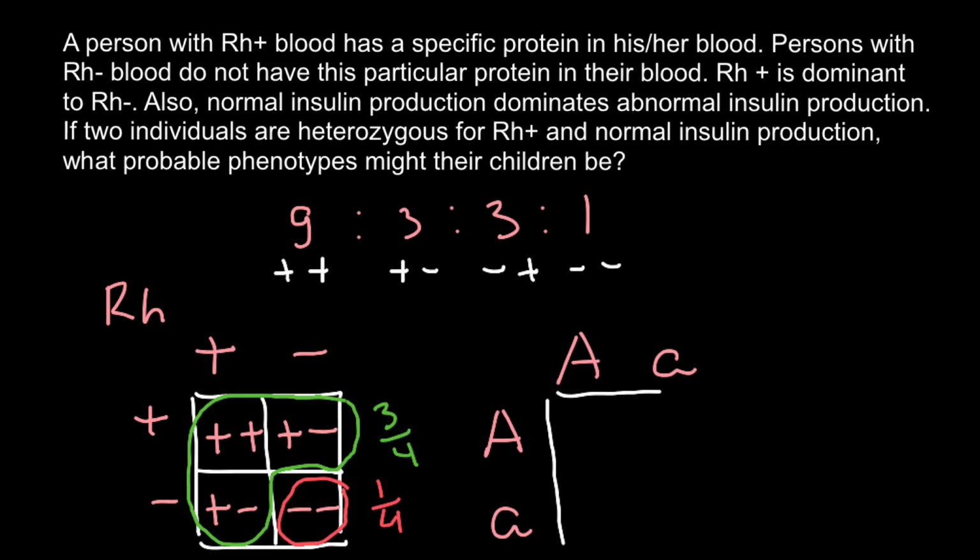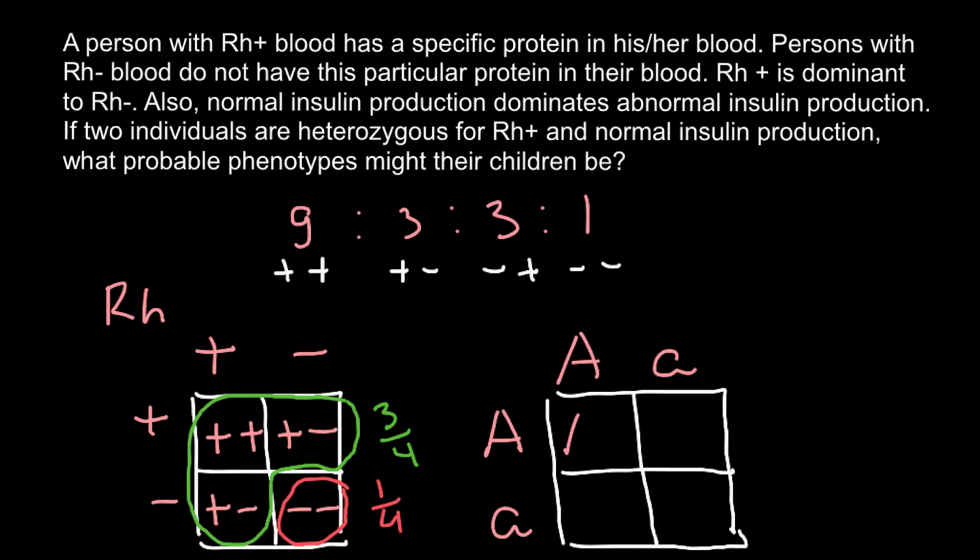So this time I will use capital A and small a, but you have to understand that capital A codes for the normal allele that produces insulin, and recessive small a codes for the mutated allele that doesn't produce insulin.